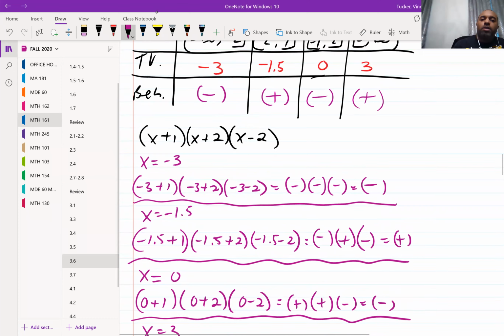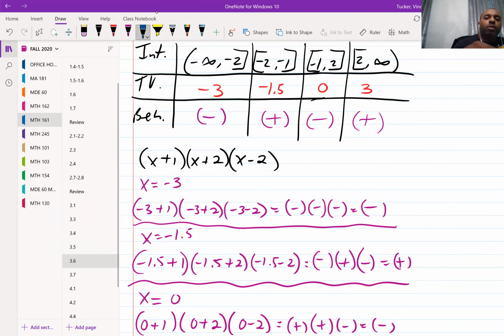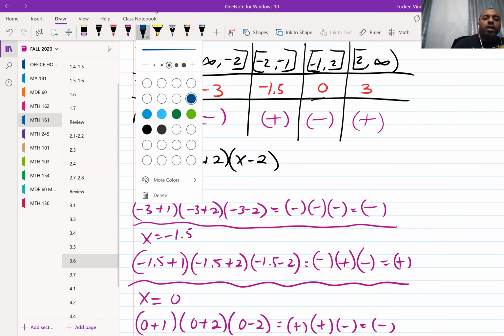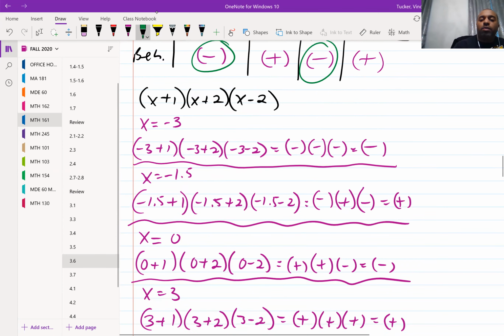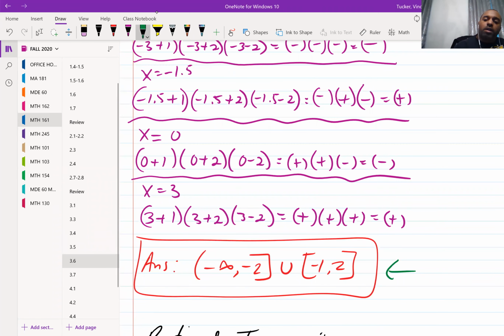All right. So go back to your answer. You want to know when is that expression less than 0? So you're talking about, oh, not that one. These two intervals right here. Once again, it's not always going to be multiple intervals. Sometimes it may just be one. It just depends on what's going on in the problem. But in this case, we have -∞ to -2 and -1 to 2 as our solution set.